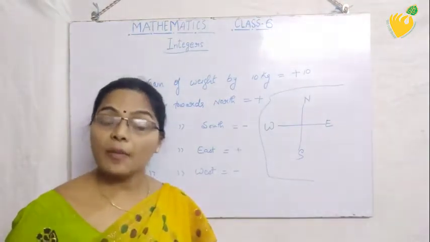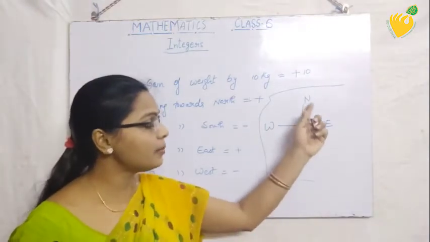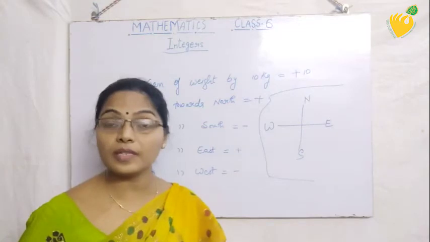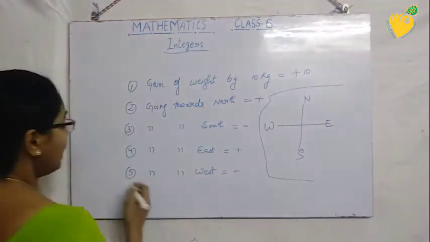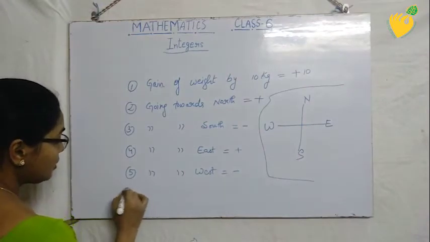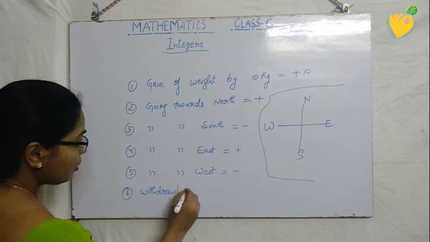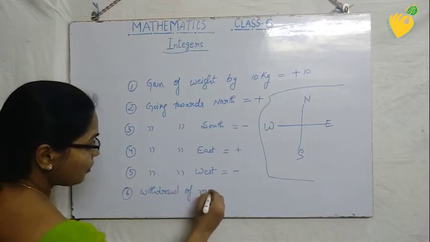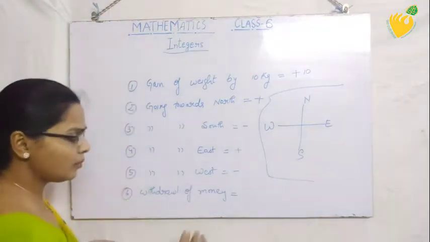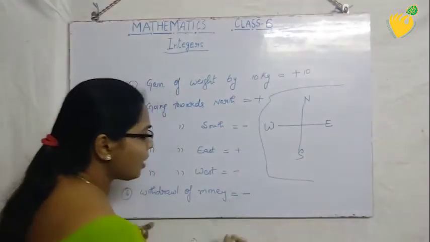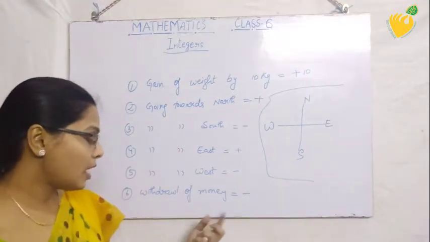Next students, above the sea level, below the sea level. Above the sea level is plus and below the sea level will be represented by negative integer. Withdrawal of money. Suppose students, withdrawal of money, 200, 1000, whatever money you are taking, withdrawal means you are lacking some money from your account.